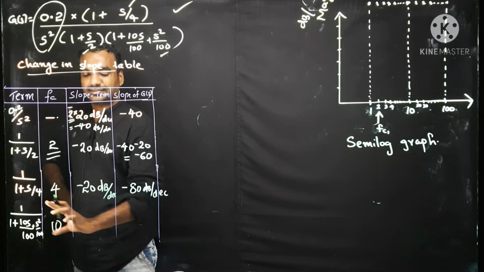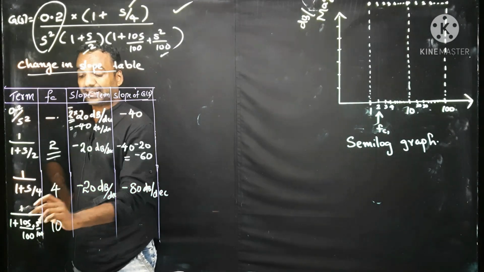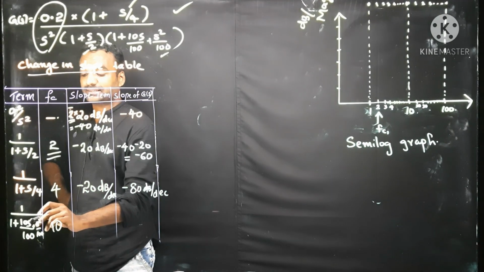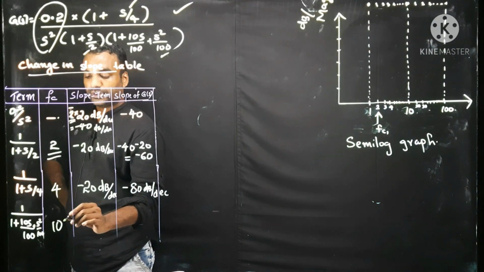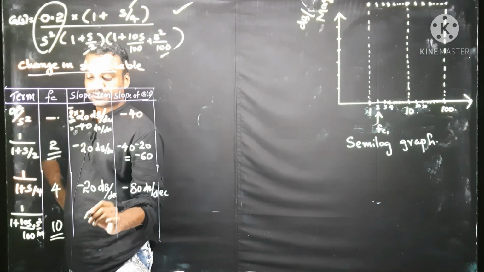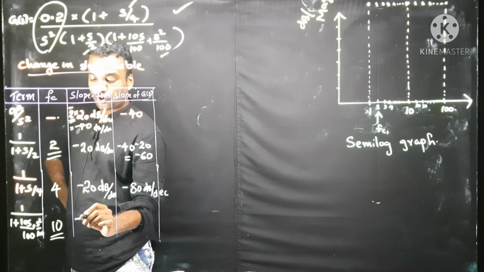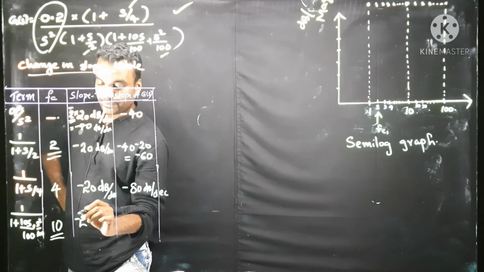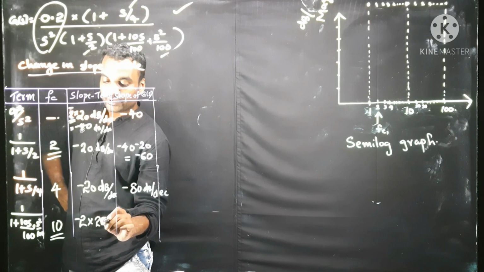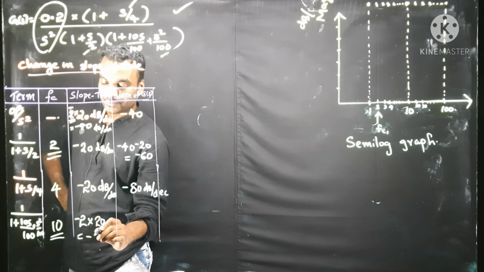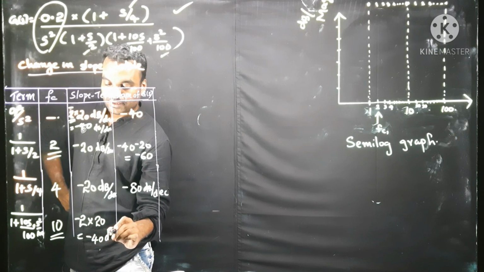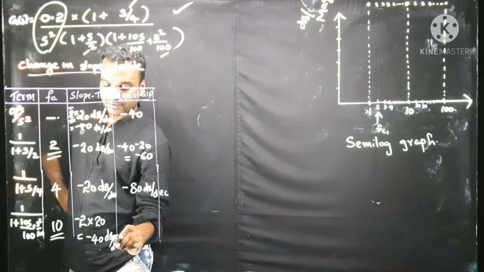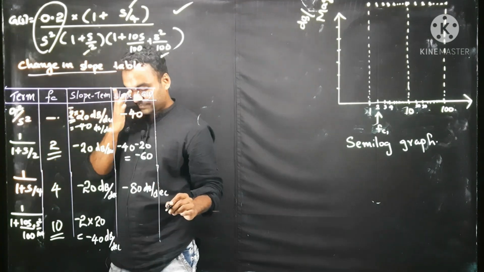Now, this is the last term. It is a second order term that is placed in the denominator. So its corner frequency is 10 and its slope is minus 2 into 20 dB per decade, because it is second order in the denominator. So that is minus 40 dB per decade.